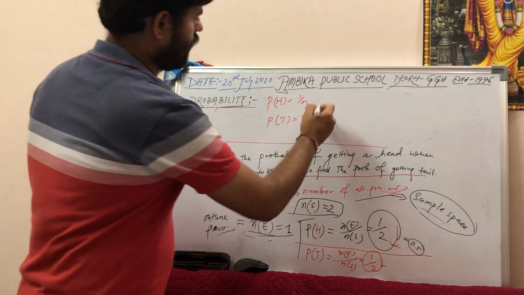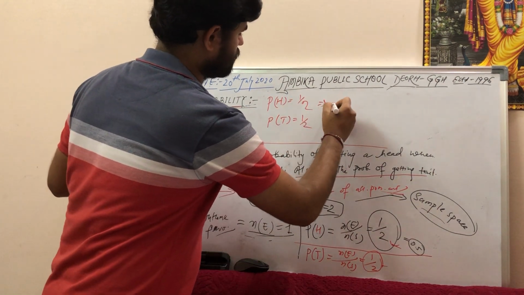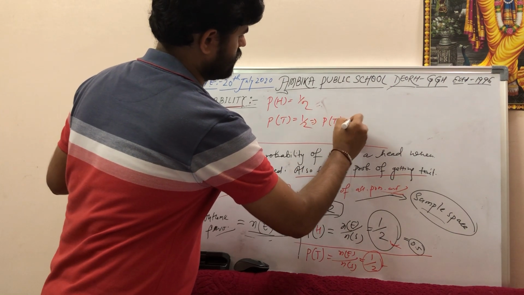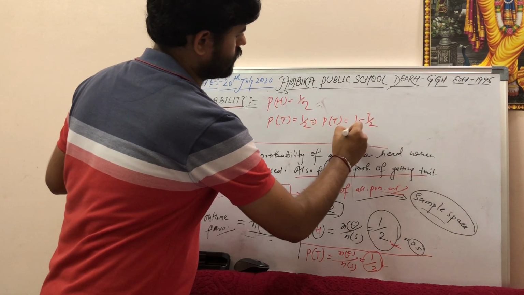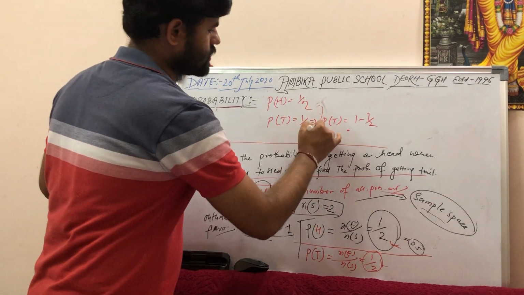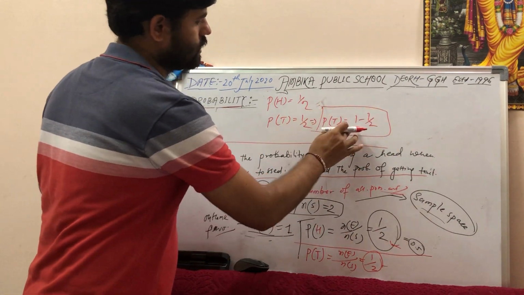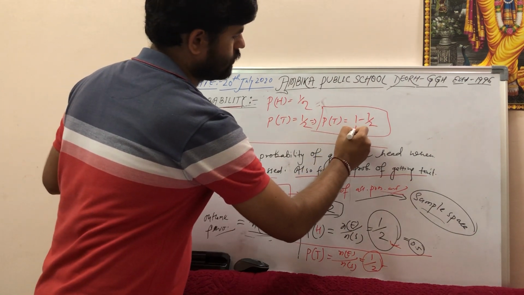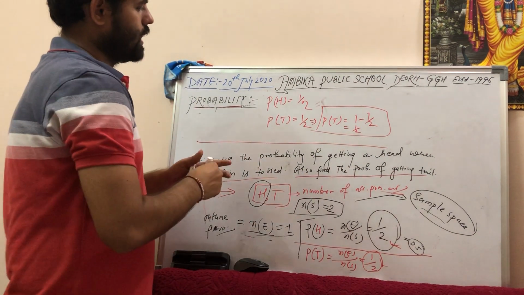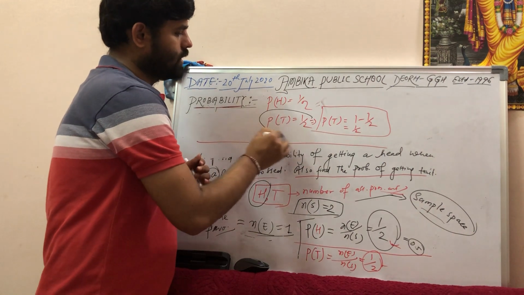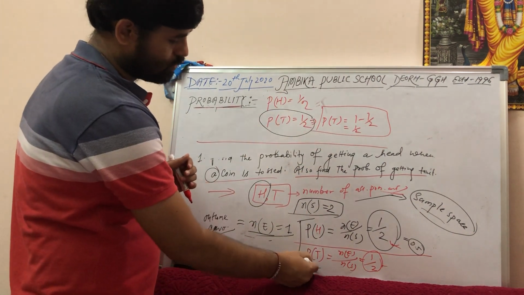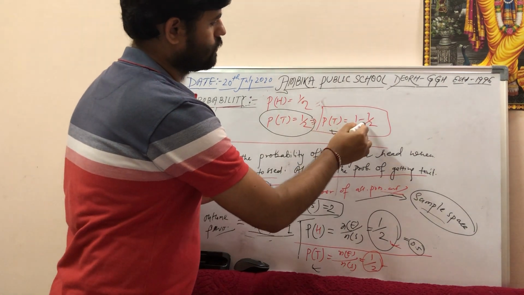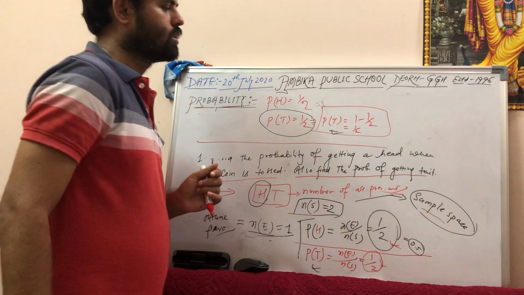Or if I write P(T) equals 1 minus P(H), that is 1 minus 1 by 2. What will we have? 1 by 2. So either I will find the P(T) value by this process, or you can find the P(T) value by doing 1 minus 1 by 2.